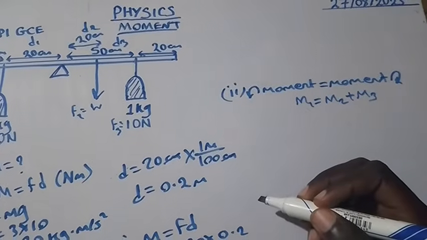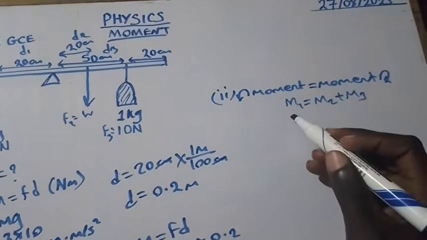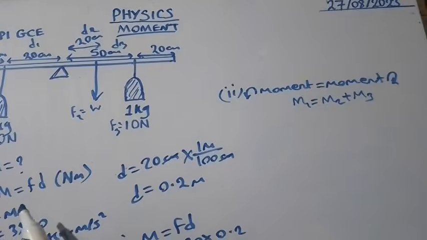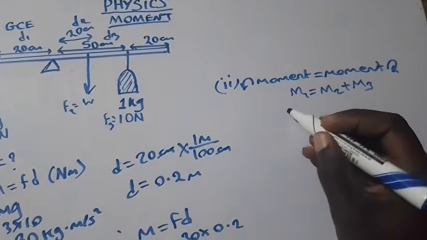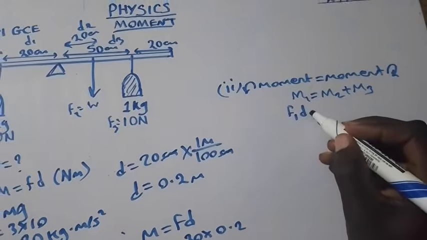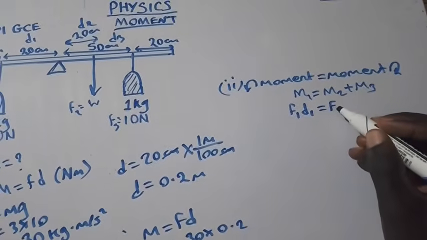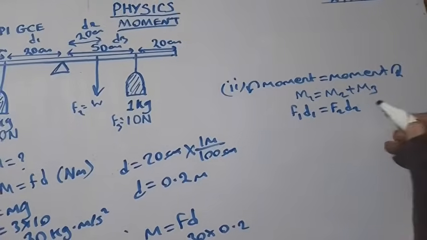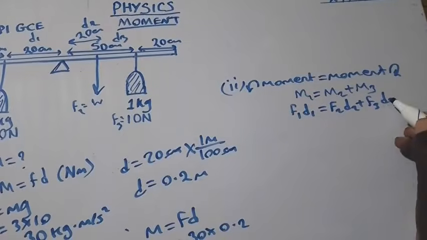We have two forces that are moving in the clockwise direction. But moment, we said, is calculated by FD. So here we'll say F1 times D1 equal to F2 times D2 plus F3 times D3.